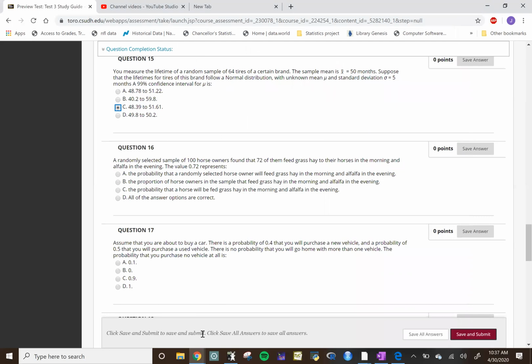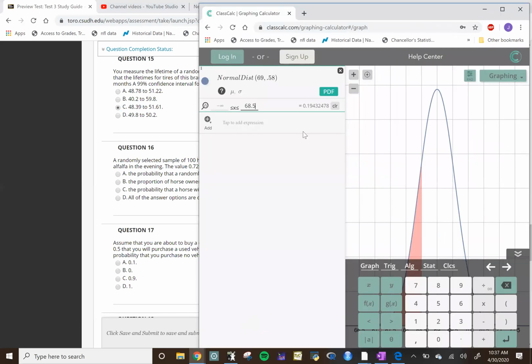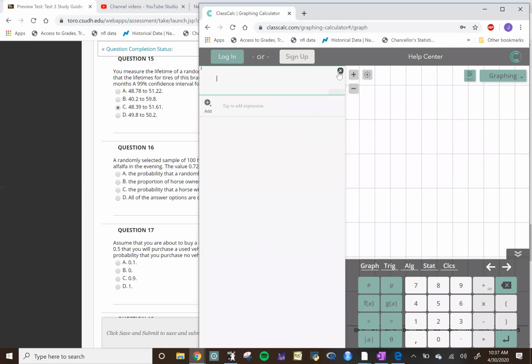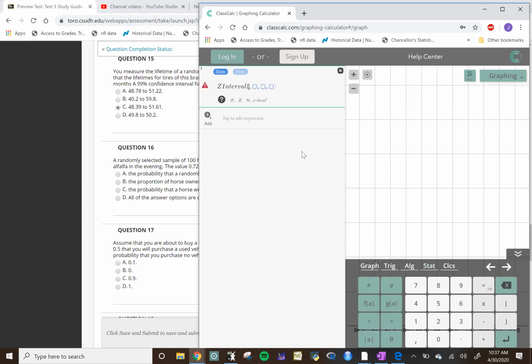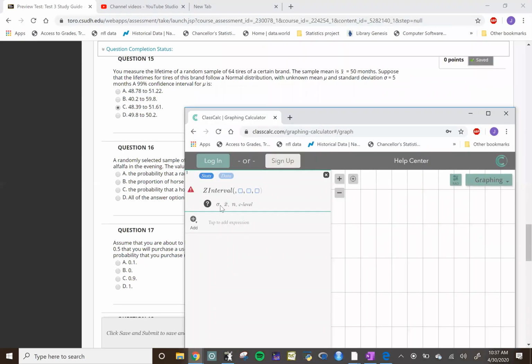If you're using ClassCalc, this is how you're going to deal with it. For ClassCalc, you go to the stats button, but now you go over here where it says tests. The test we're going to be using is the Z interval test. So sigma in this case is equal to 5.